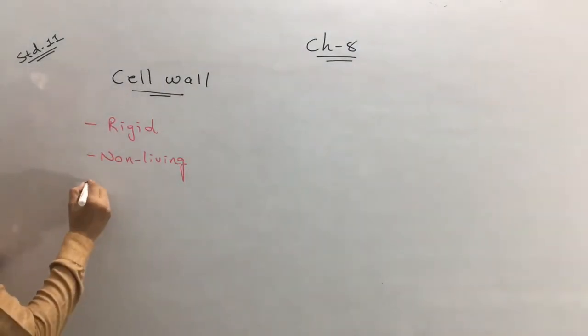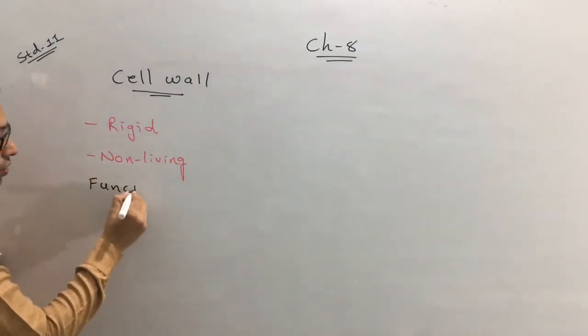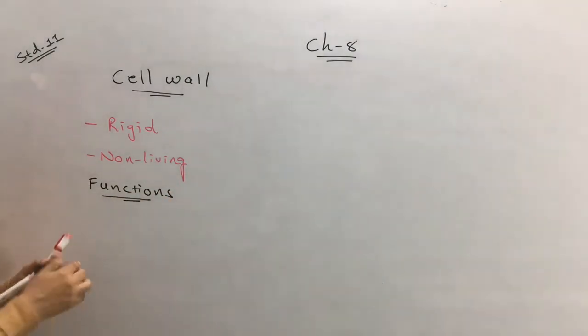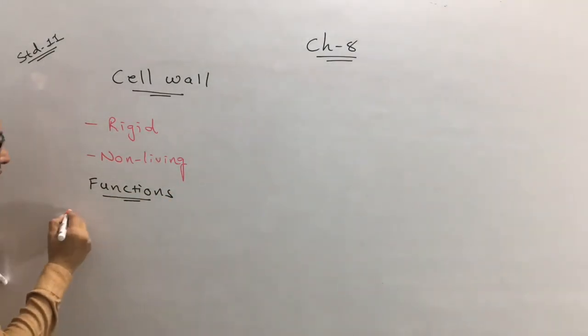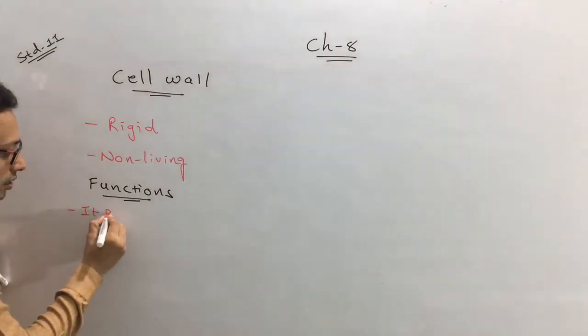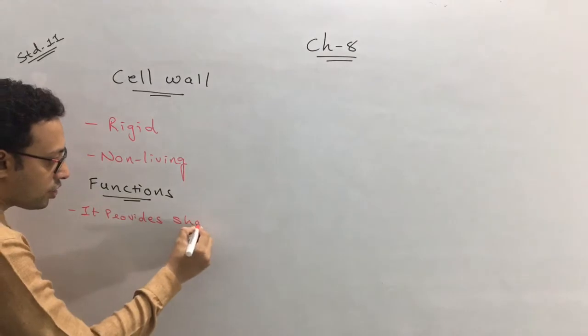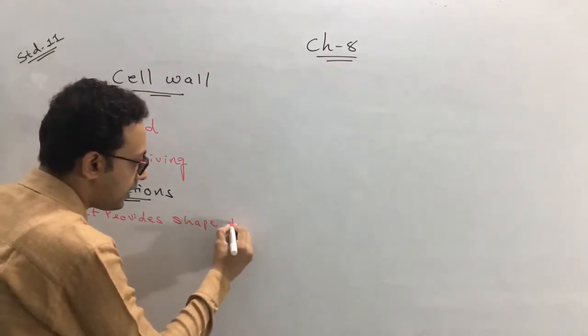There are lots of functions of a cell wall. The first function is that it provides shape to the cell.